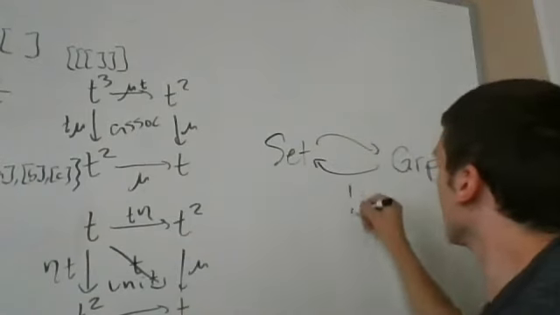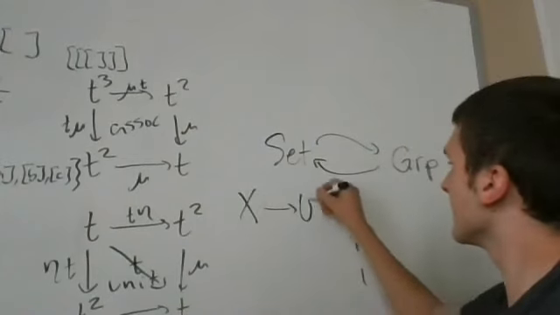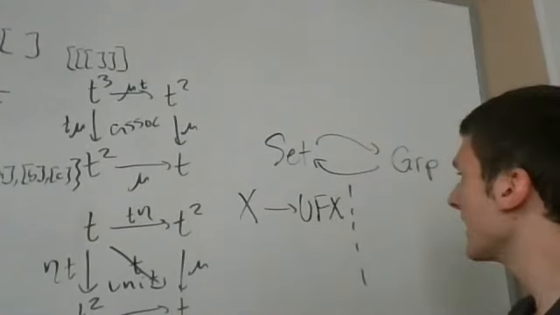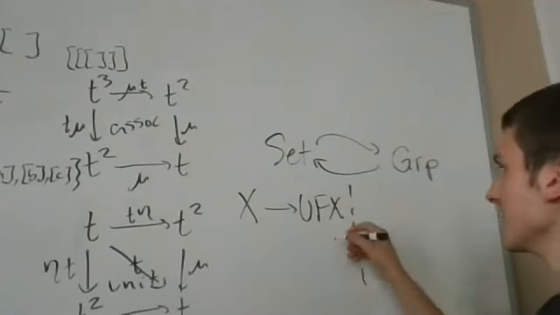Where they say, given some set X and the free group on that set, they usually forget to specify the underlying set, because they need to be of the same type.